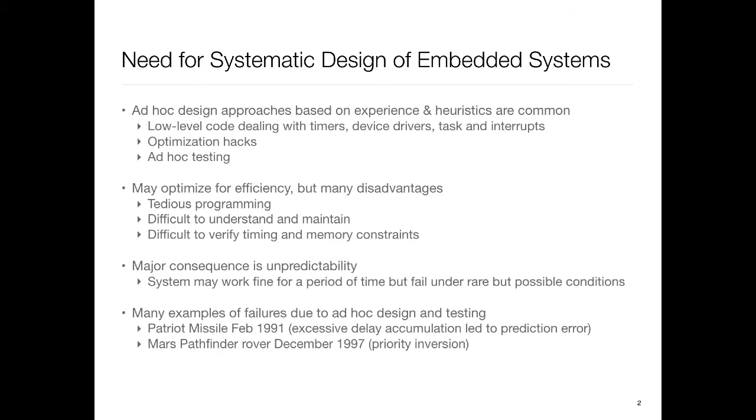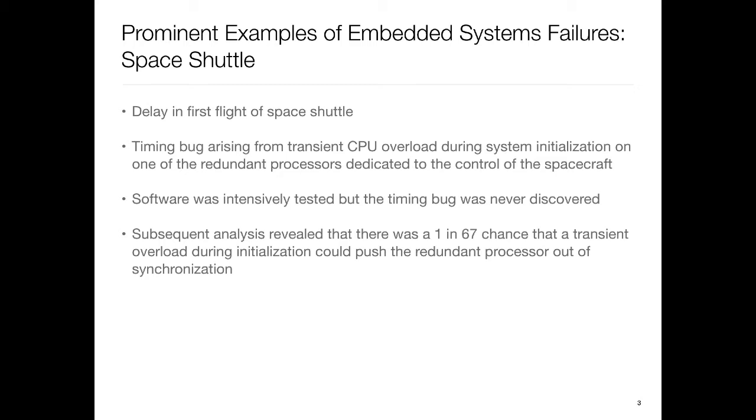So yeah, these examples. This is another one, the very first flight of the space shuttle, and in this particular case, software was tested. So this is one thing: testing or simulating is never sufficient because you can never do exhaustive testing.